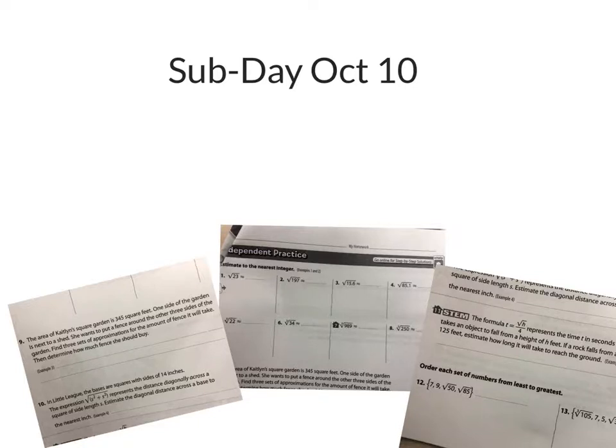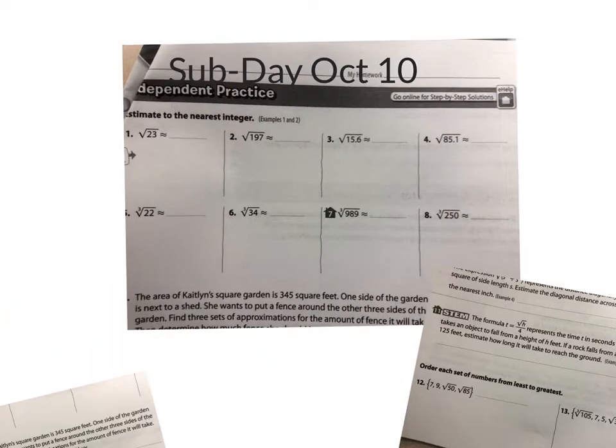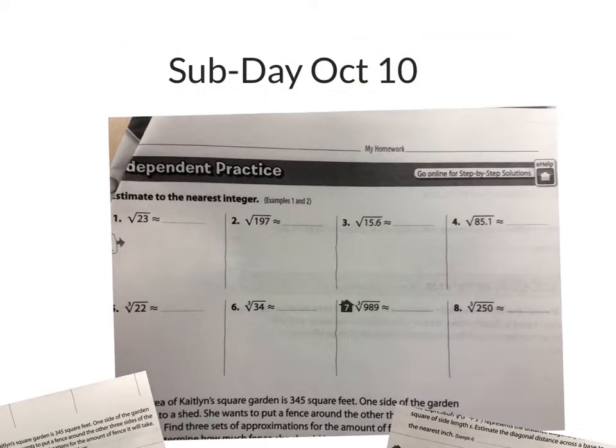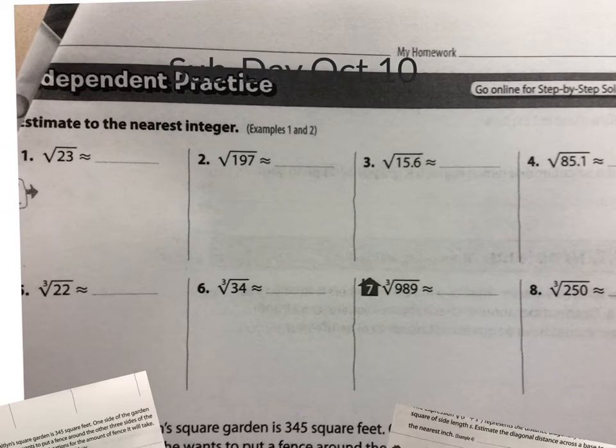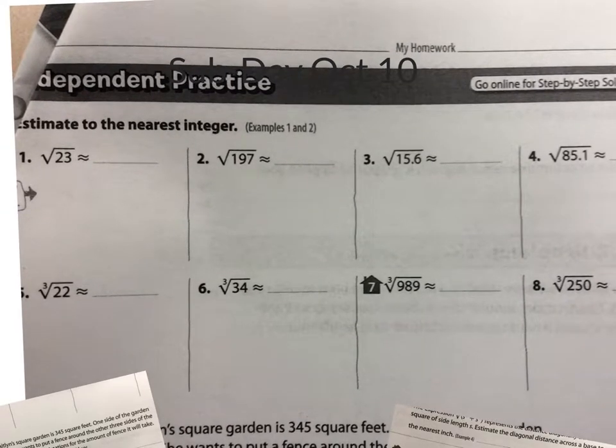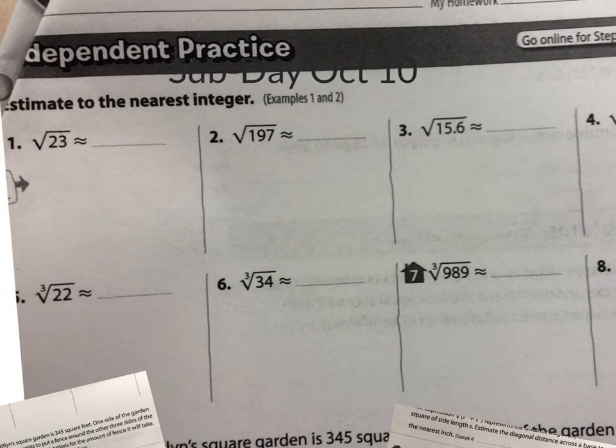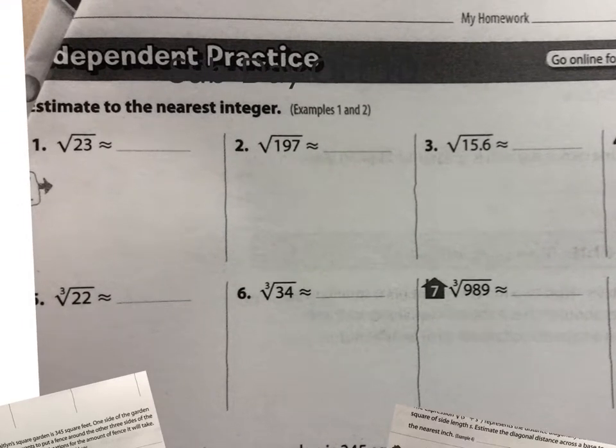All right, so this homework started right here. All these ones you had to estimate to the nearest integer. For example, I know that the square root of 23 is between the square root of 16 and the square root of 25, just because 23 is between 16 and 25.